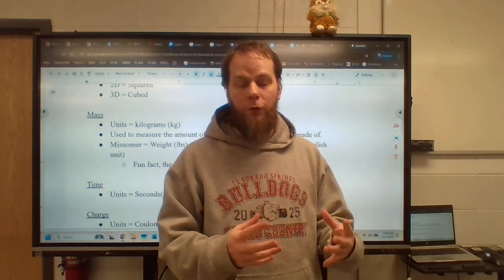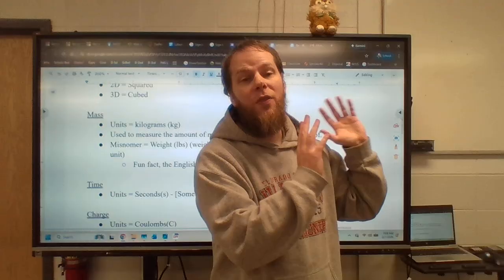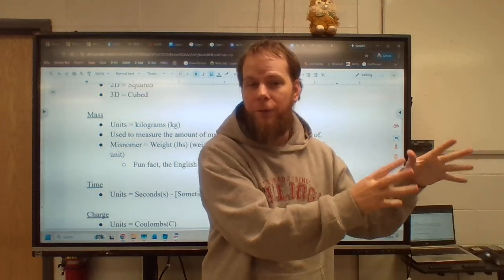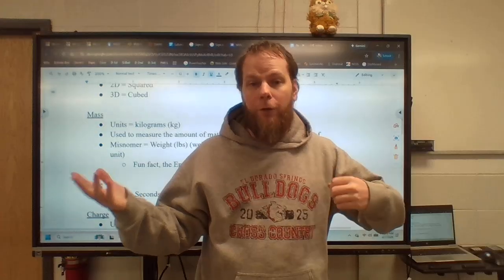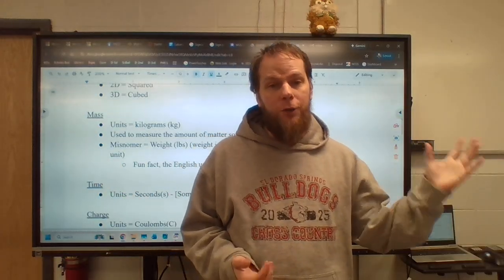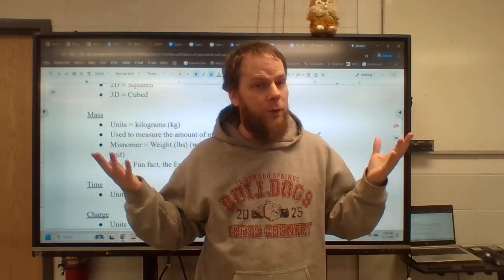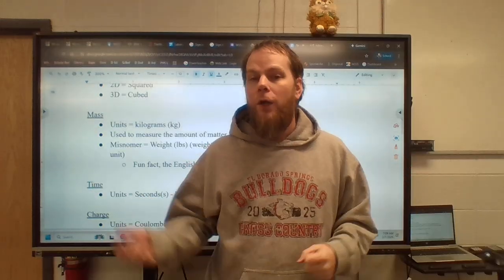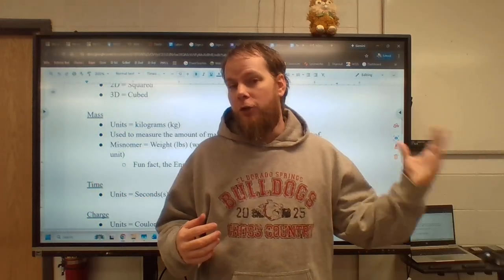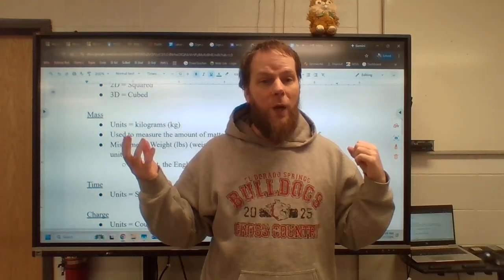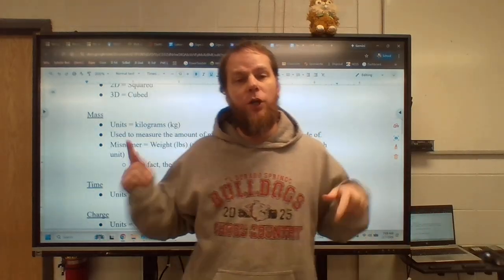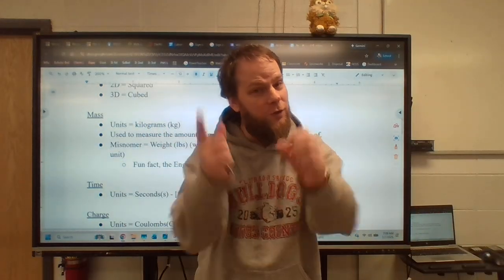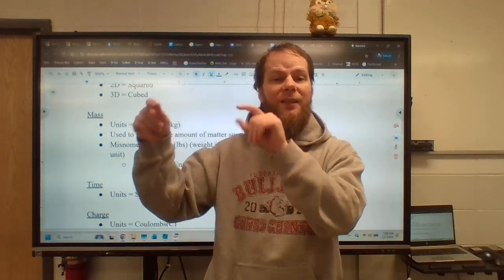So instead of 120 pounds, you'll be 1,200 pounds on Jupiter. Because the moon is very small, Jupiter is very large, they have much different gravitational pulls. So the moon has a weaker gravity, Jupiter has a stronger gravity, so you weigh less on the moon and more on Jupiter. But in all three locations, your mass would be the same.